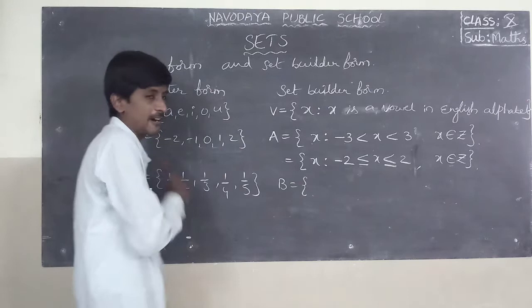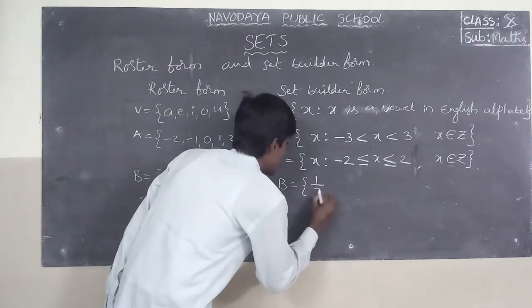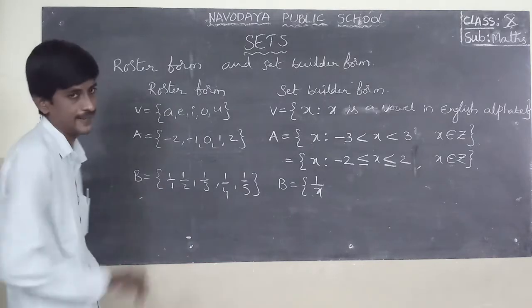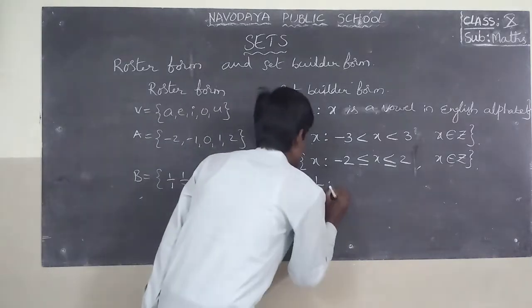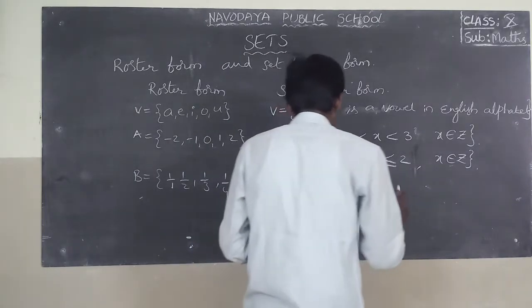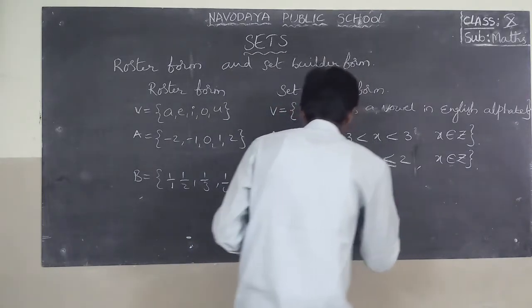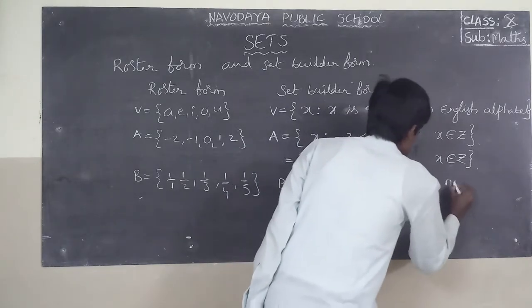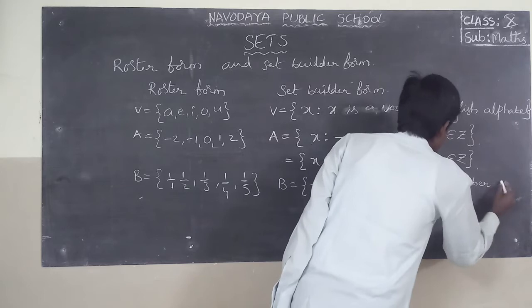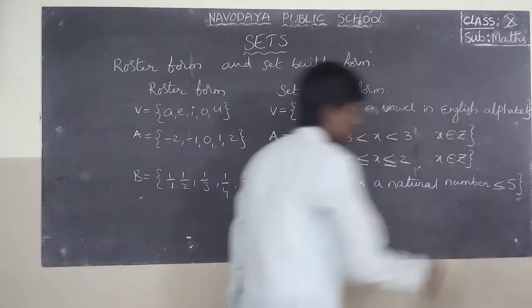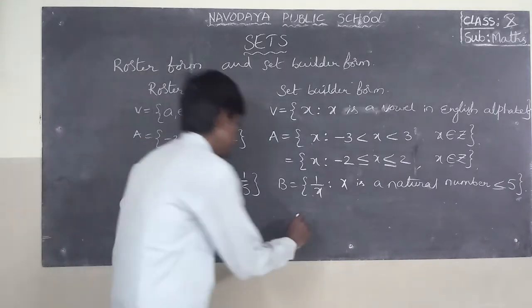It is in the form of 1/x, such that x is a natural number less than or equal to 5.